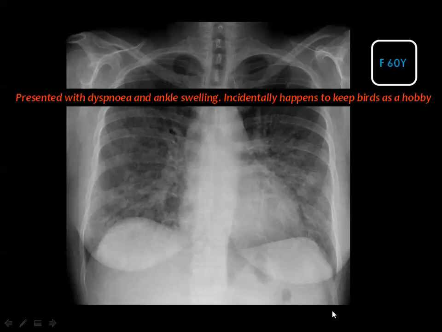Then this patient is known to keep birds as a hobby and presented with dyspnea and ankle swelling. The chest X-ray showed bilateral ground glass veiling of the lung fields with hazy appearance of the hilar shadows.